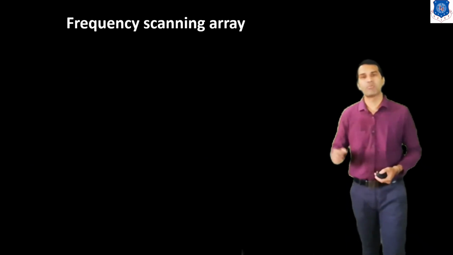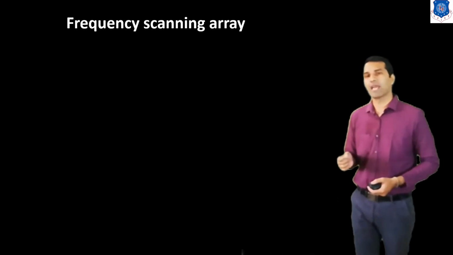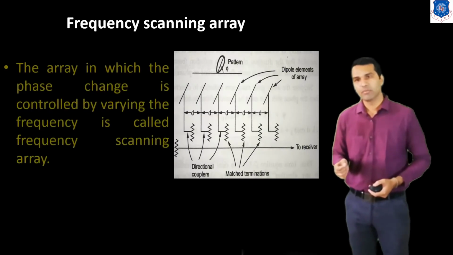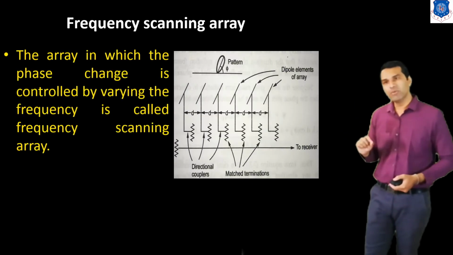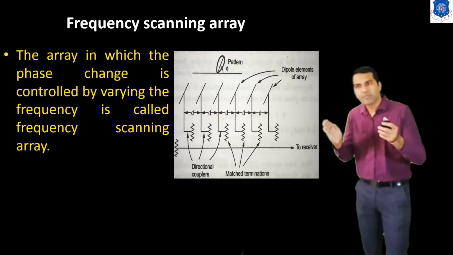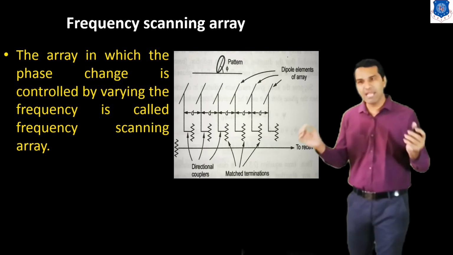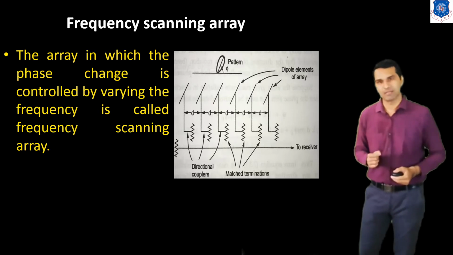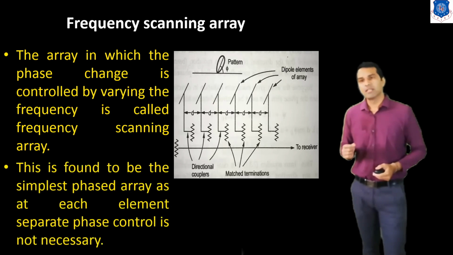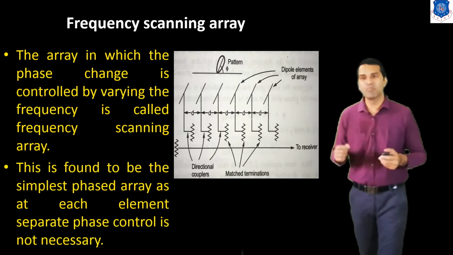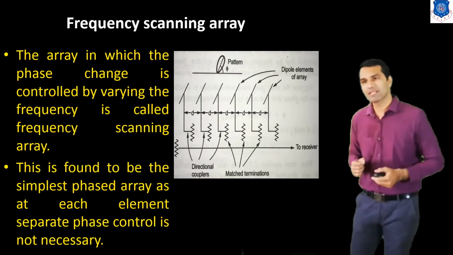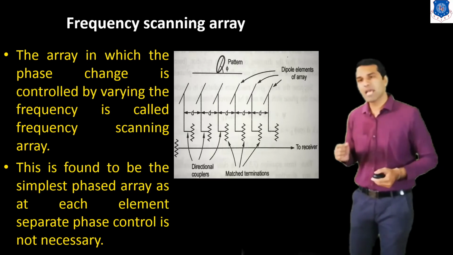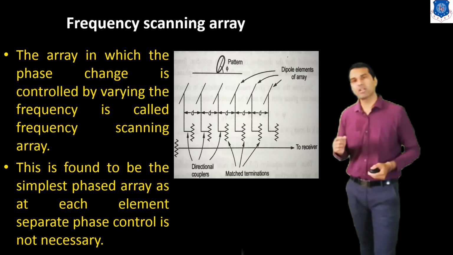Now we discuss the first one, the frequency scanning array. The array in which the phase change is controlled by varying the frequency is called the frequency scanning array. This is found to be the simplest phase array, as separate phase control at each element is not necessary.